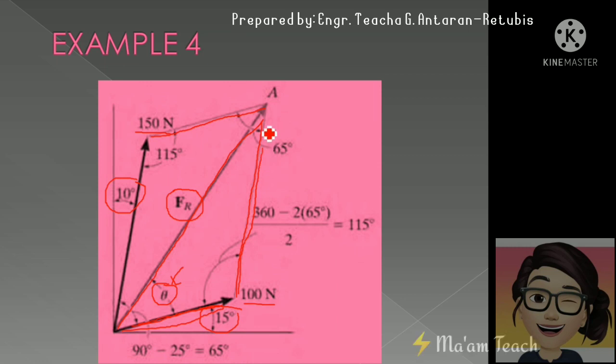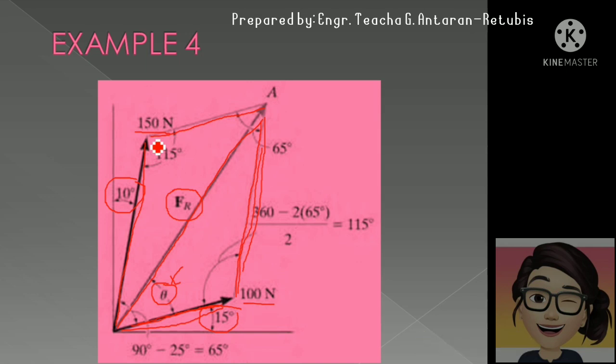Take note, class, that this part is just the same as here, which is 150 Newton. Why are they equal? It's because they are parallel. Once the sides of a parallelogram are parallel, they will have the same magnitude. So if it is 150 here, this one here is also 150.